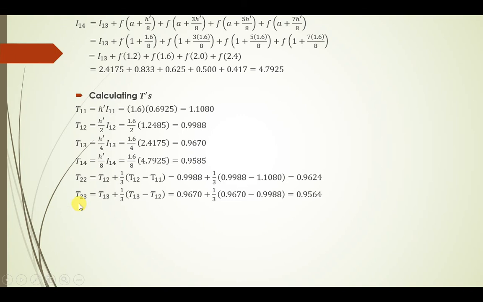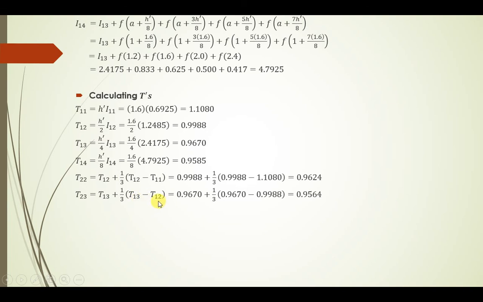What is t23? One less than this 2, so that is t13, plus 1 by 3 times the same t13 minus t12, since one less than this 3 is 2.